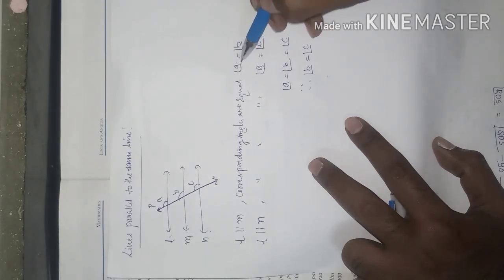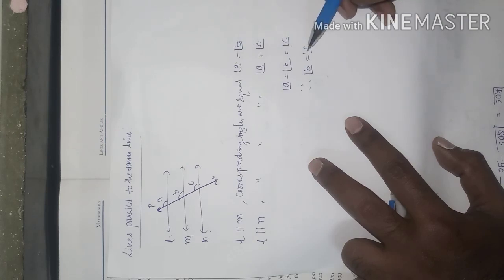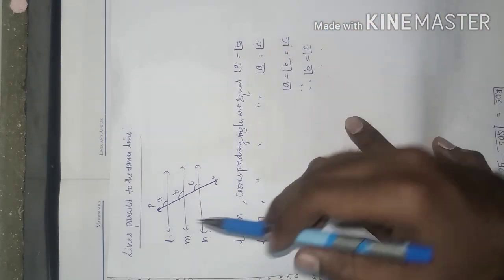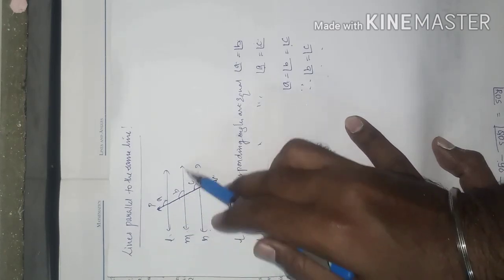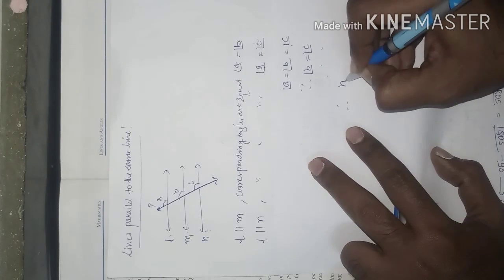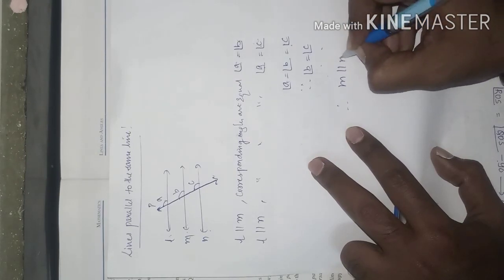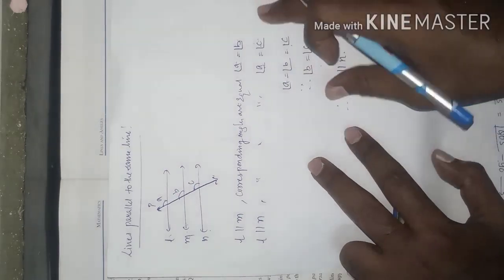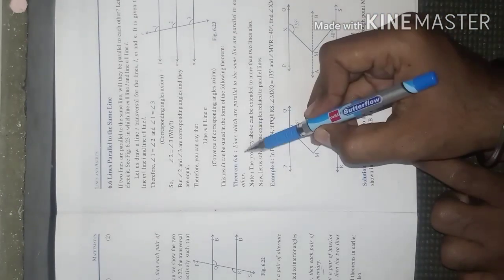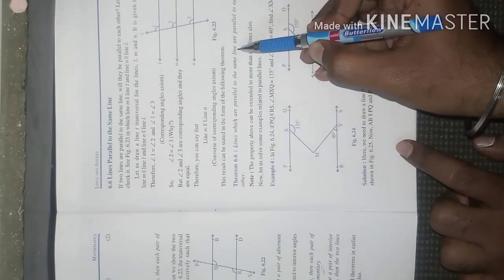Why? Because angle A is equal to both. So both equations are equal, and the later part is angle B equal to angle C. Now what we can say, angle B is equal to angle C means corresponding angles are equal, means M and N are parallel. Therefore line M is parallel to line N. So here the statement says: lines which are parallel to the same line are parallel to each other.